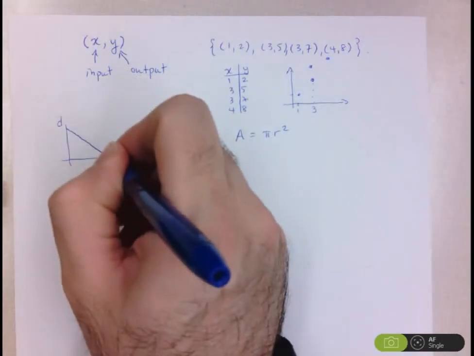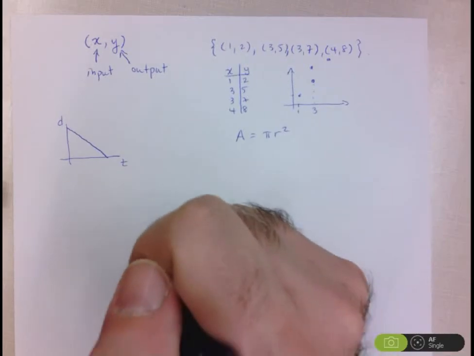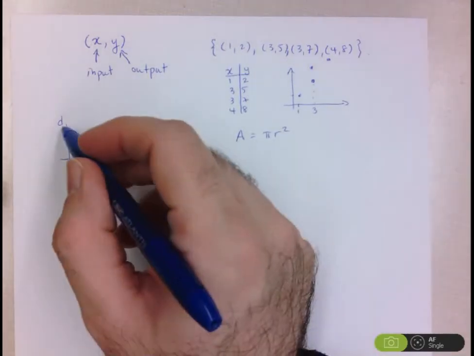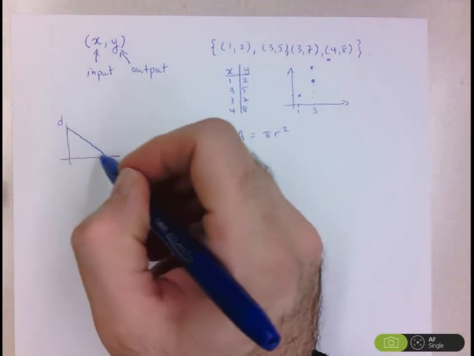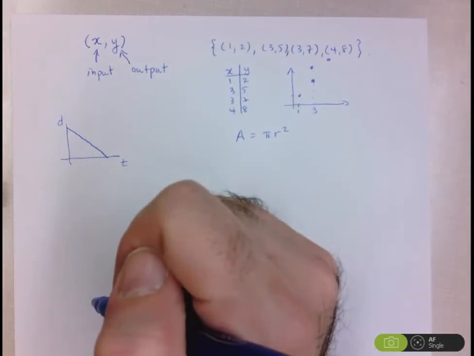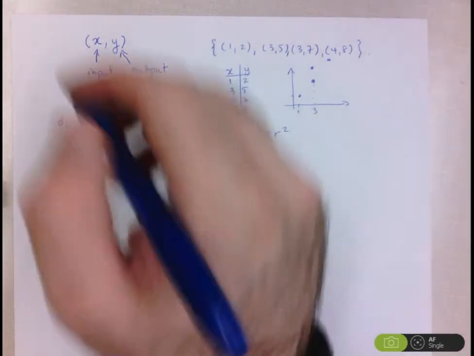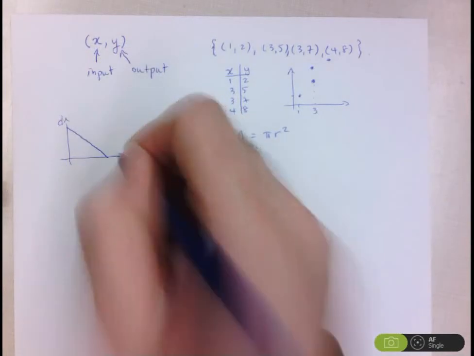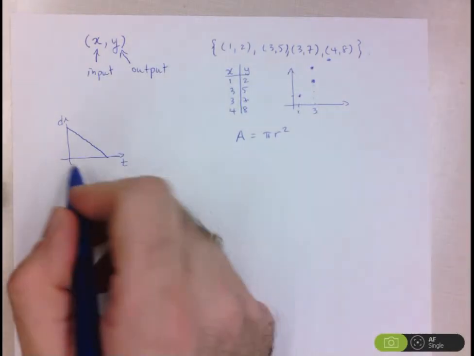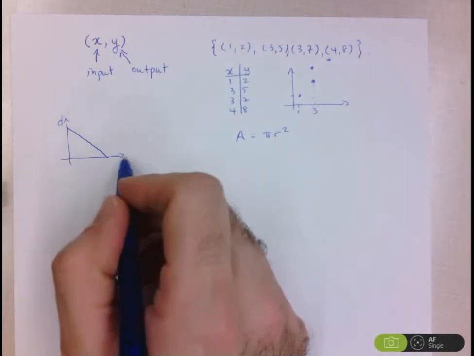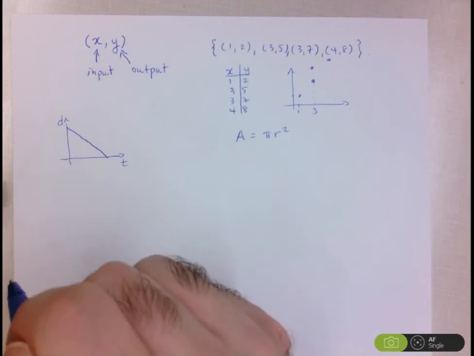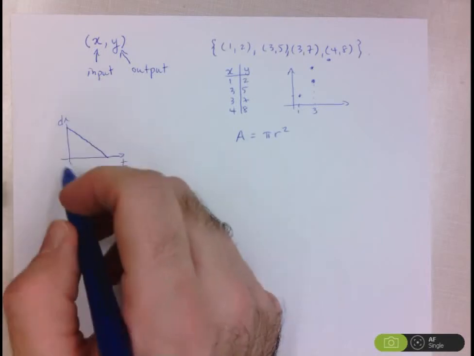I might have a relation which looks like this. I start a certain distance away, and eventually I reach home, and my little jaunt is done. I might be interested in the possible time values, in other words all the possible inputs, and the possible distance values.